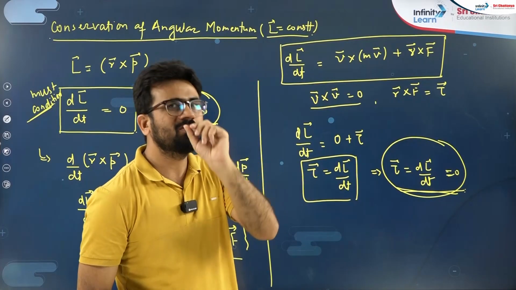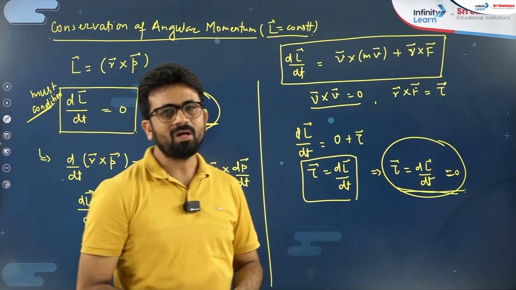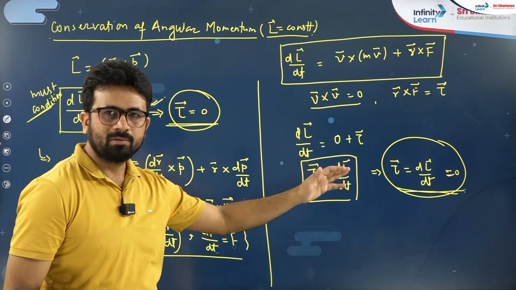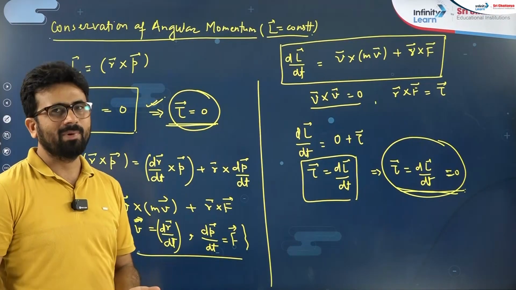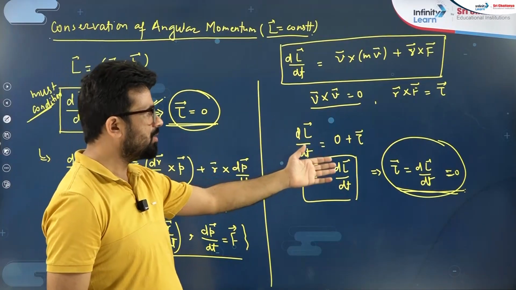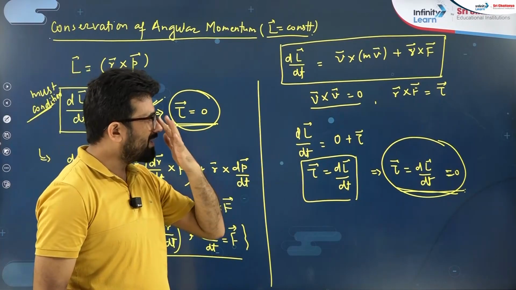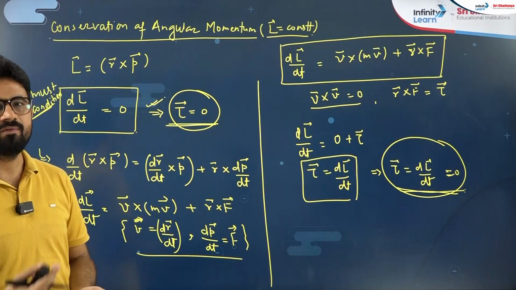If I tell you one very simple thing about this torque, we call it the rotational analog of force. Just like angular momentum is the rotational analog of linear momentum, similarly torque is also the rotational analog of force. And one more term we are writing here, I. What is that I? I is the moment of inertia.